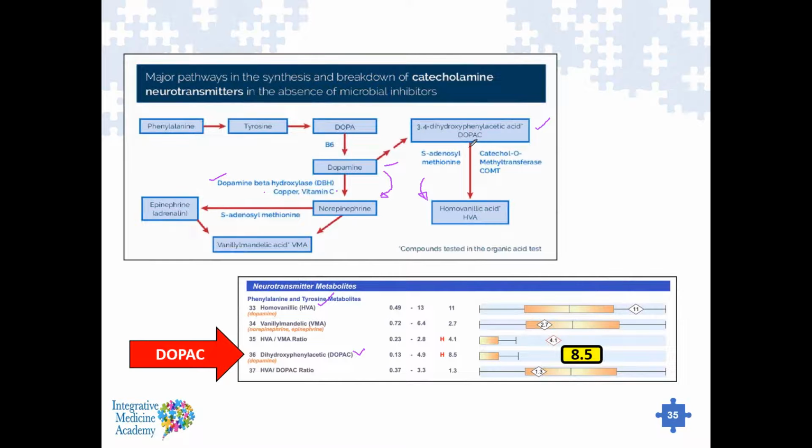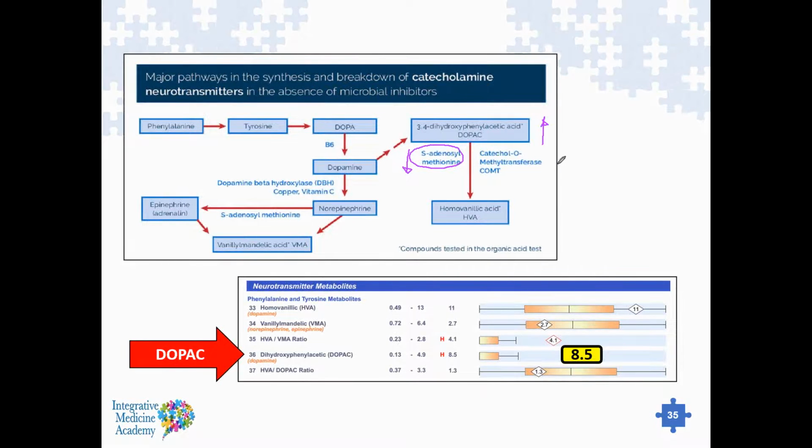Now, the main reason DOPAC was added was to see if somebody could perhaps benefit from what's called S-adenosylmethionine supplementation. So a number of things can lead to elevated DOPAC. We could have a deficiency of S-adenosylmethionine.